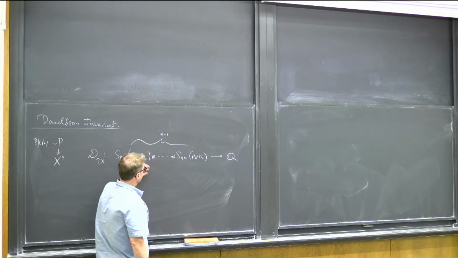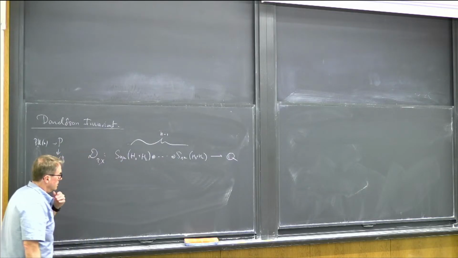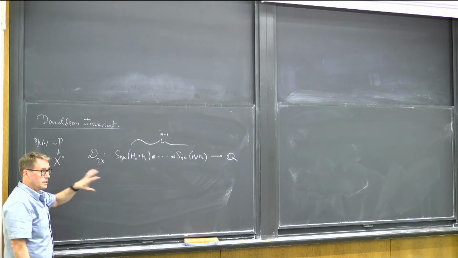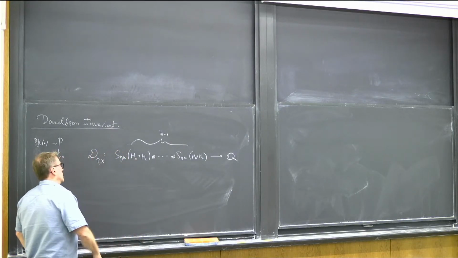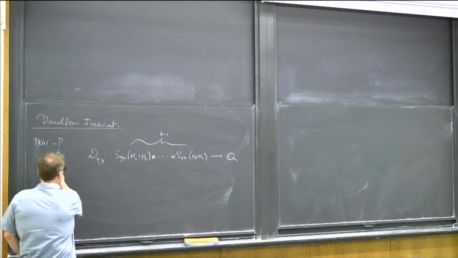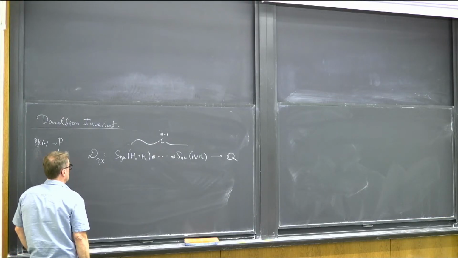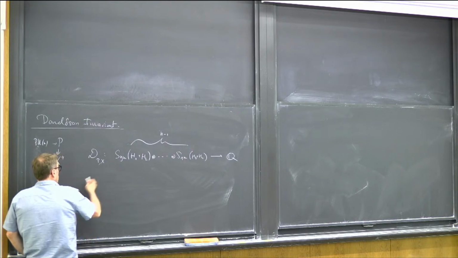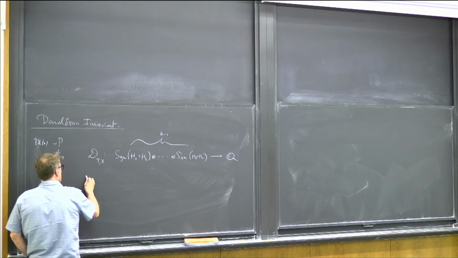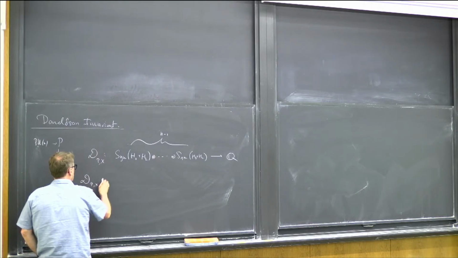Generators of the symmetric algebra give us generators of the cohomology of the space of connections. And then we evaluate those cohomology classes on the appropriate moduli space of connections.